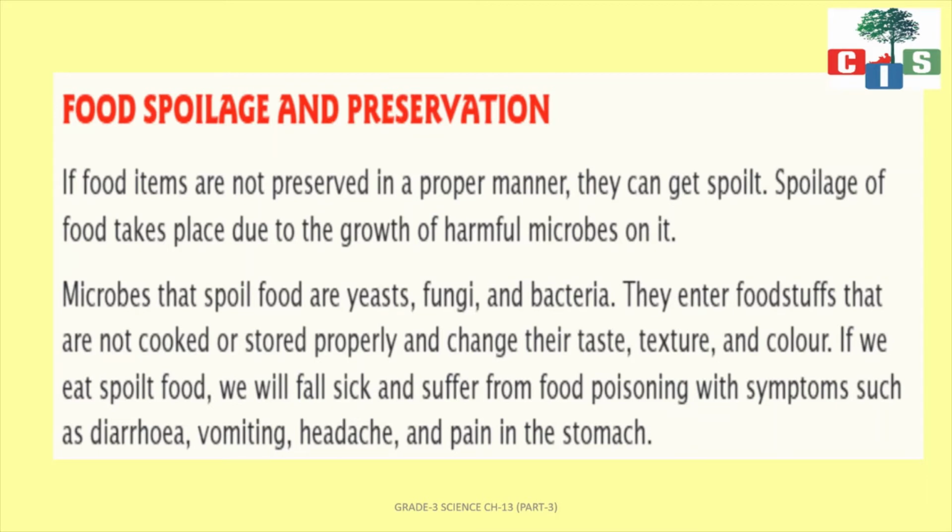Yes, we all know that everybody at some time or the other faces the problem of food poisoning. Yes, ma'am, my stomach is paining because we might have eaten spoiled food by mistake. So we may have vomiting, diarrhea, or pain in the stomach.